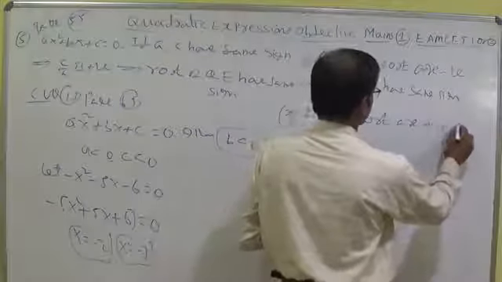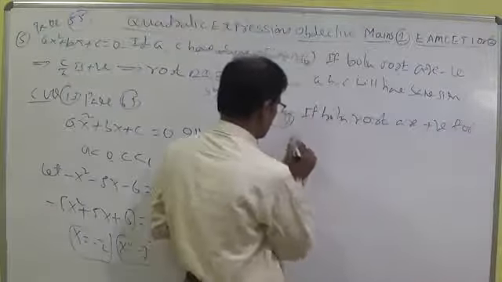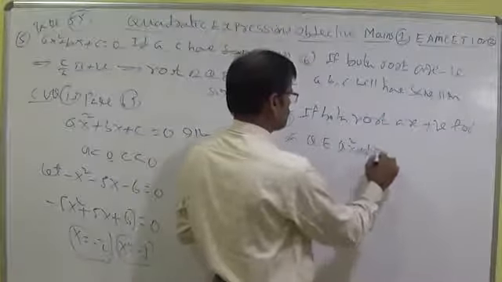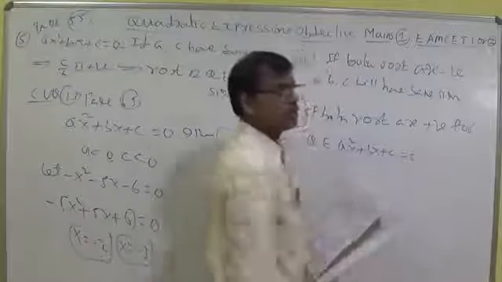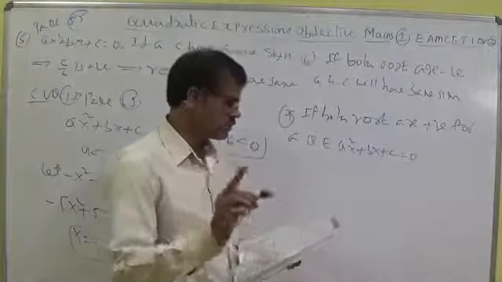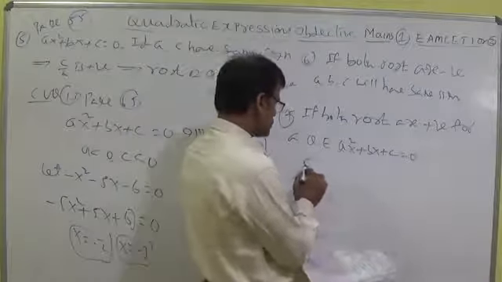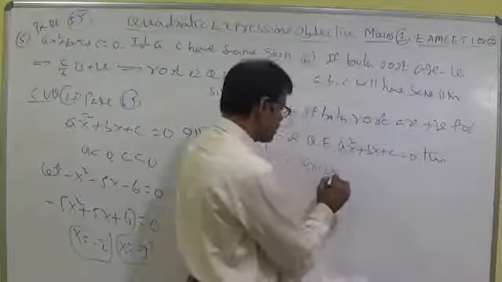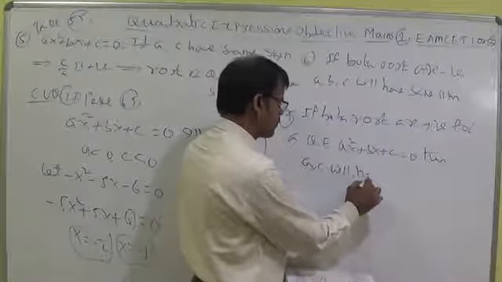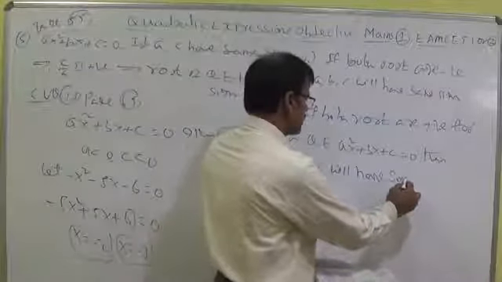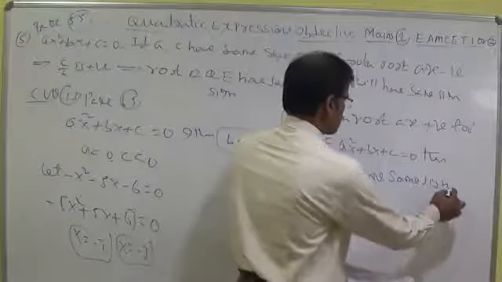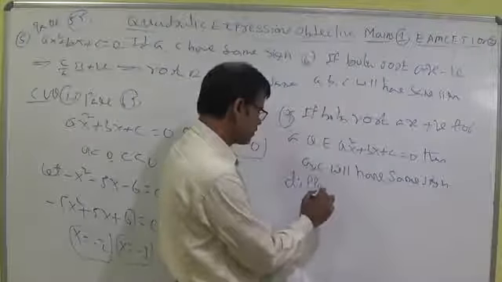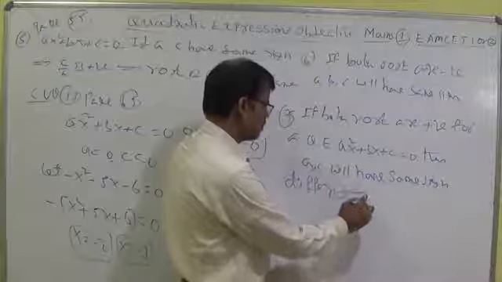If both roots are positive for a quadratic equation ax² + bx + c = 0, then a, c will have the same sign, different from b.